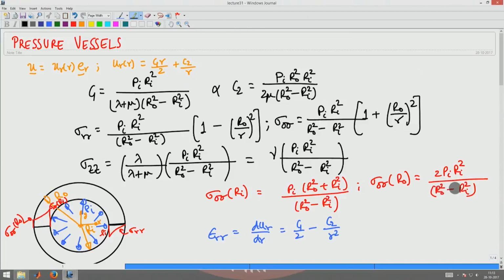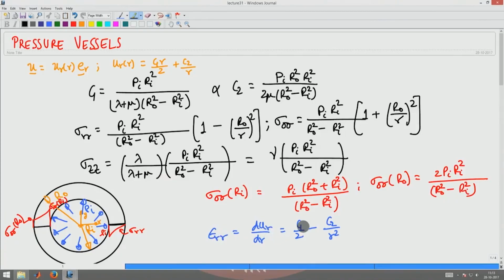The minimum value is roughly 2 times Pi Ri square by R naught square minus Ri square. Okay. And then we can go back and compute what the strains are also, from the expressions that epsilon rr is dou u r by dou r, which is C1 by 2 minus C2 by r square, and epsilon theta theta is nothing but u r by r, that is C1 by 2 plus C2 by r square.